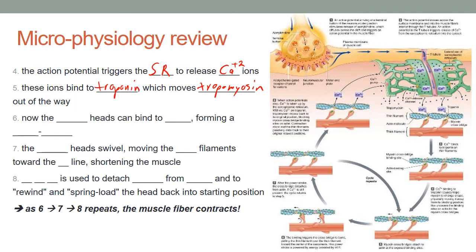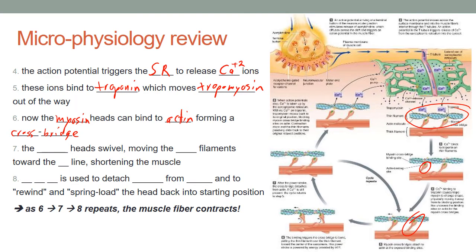Once tropomyosin is out of the way, and you can see that process there, then the myosin heads can grab on to actin, and that forms what we call a cross bridge.